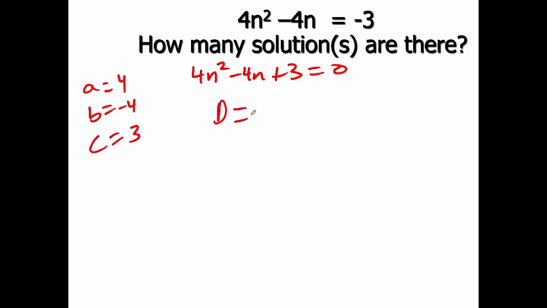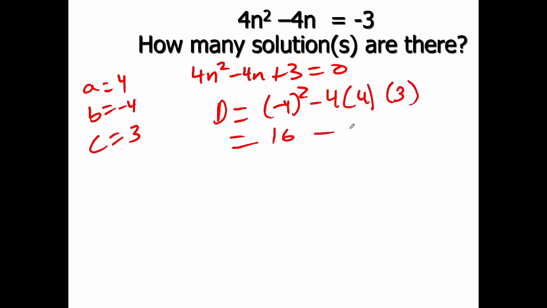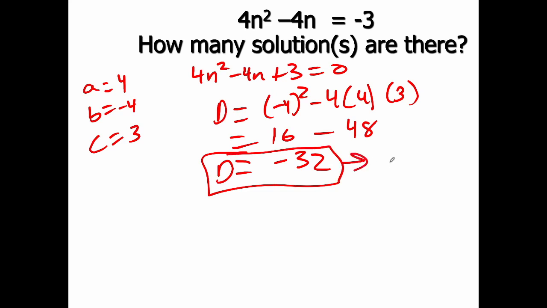I do the discriminant to tell how many solutions there are and what they are, and I get b squared minus 4ac, and I get 16 minus 48, which is negative 32. Since the discriminant is negative, I know right now that I'm going to have no real roots, two imaginary roots.